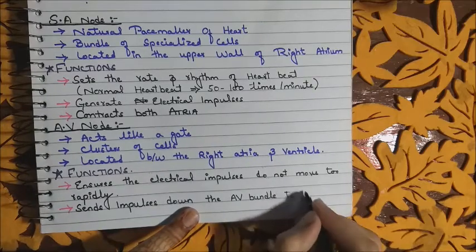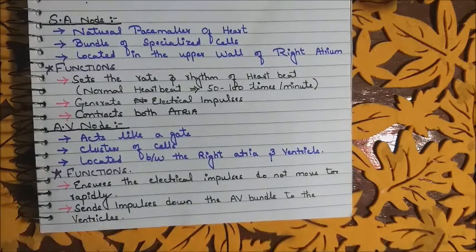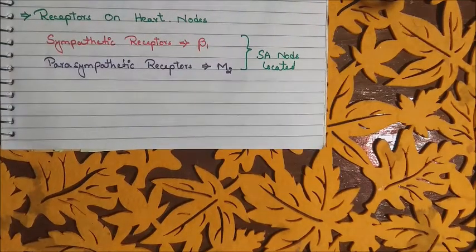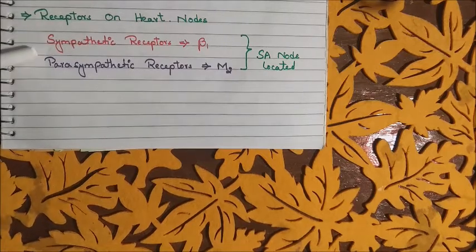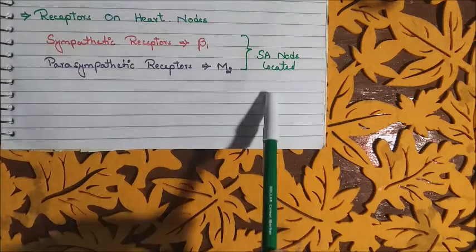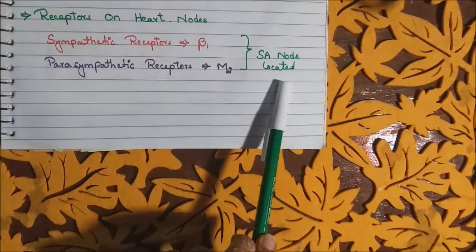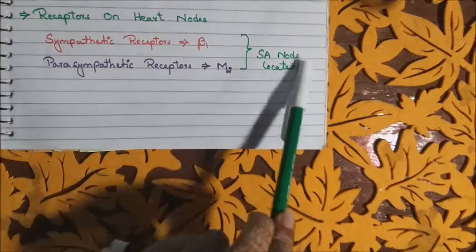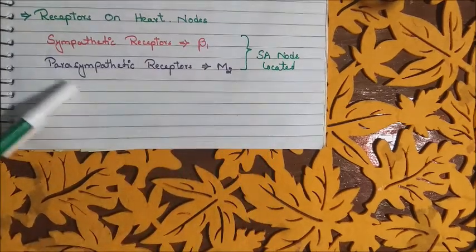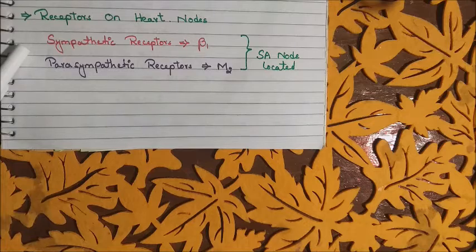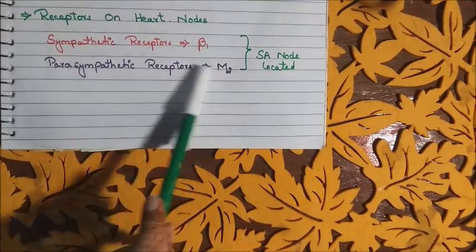So now after completing the SA node and AV node, we have to know what type of receptors are present on the nodes. The AV node contains no receptor. The receptors are present on the SA node. These are the parasympathetic and sympathetic innervations. The sympathetic receptor which is present on the SA node is beta 1, while the parasympathetic receptor which is present on the SA node is the M2 receptor.